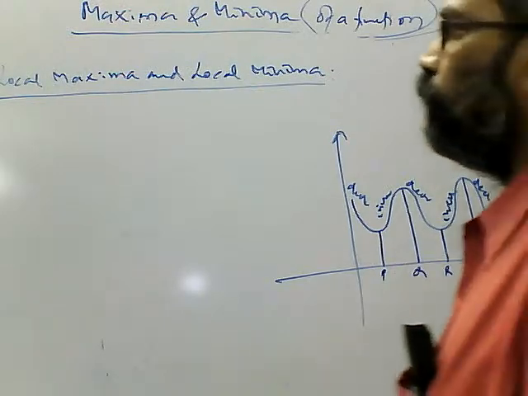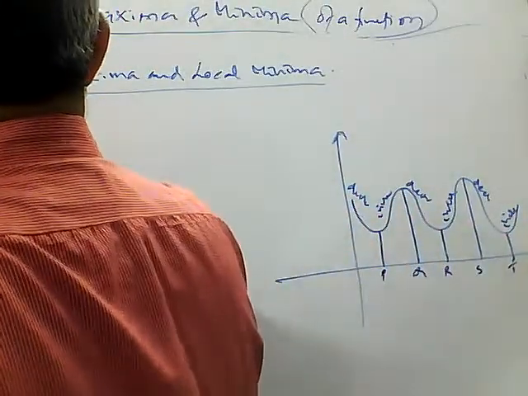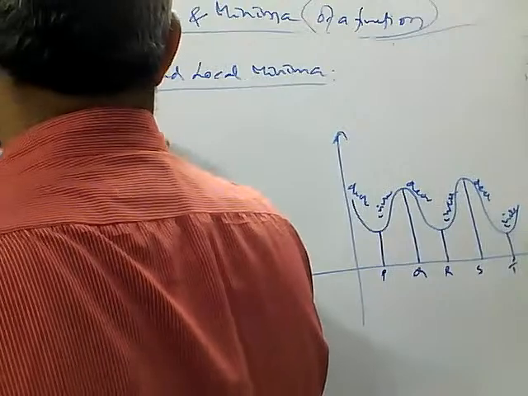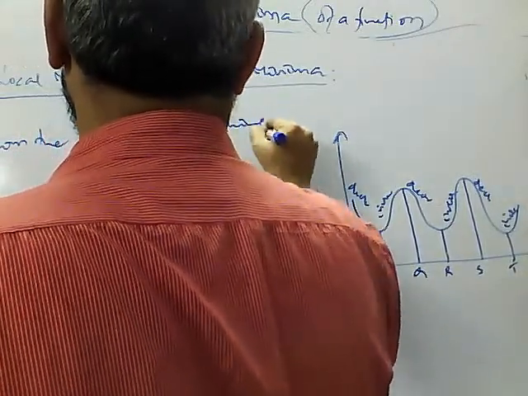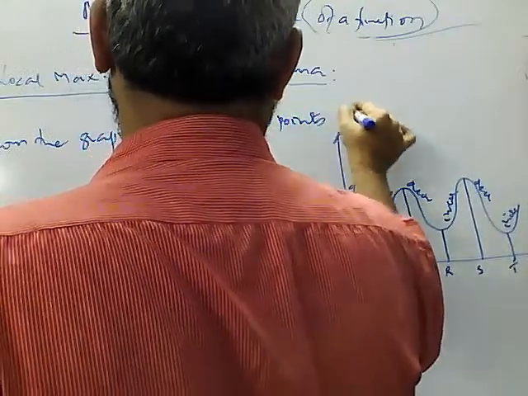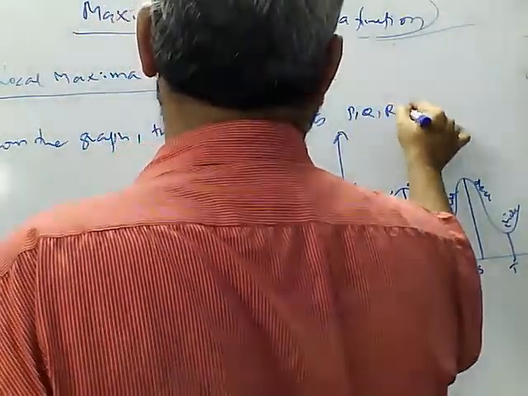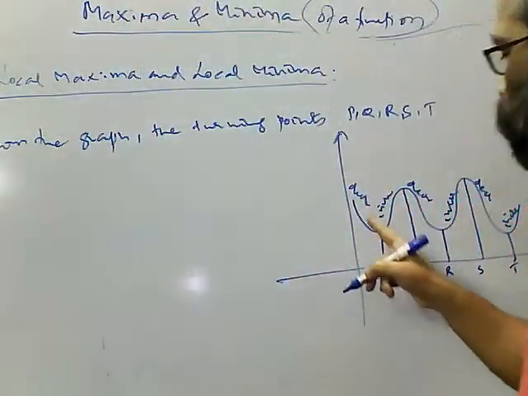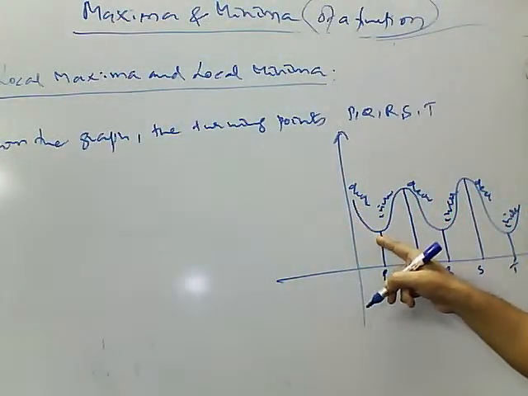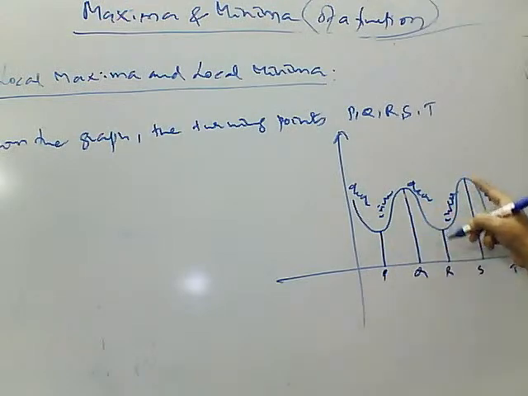Now you can see from the graph the turning points P, Q, R, S, T. Where you are calling the turning points, the function has a change, decreasing to increasing, decreasing to increasing, like that.